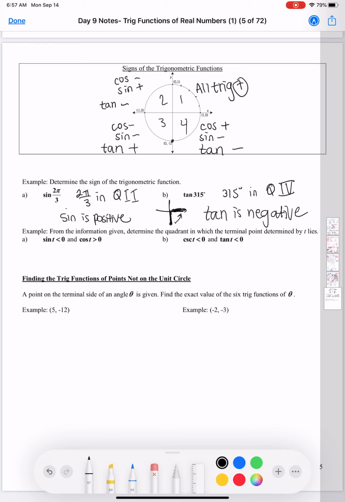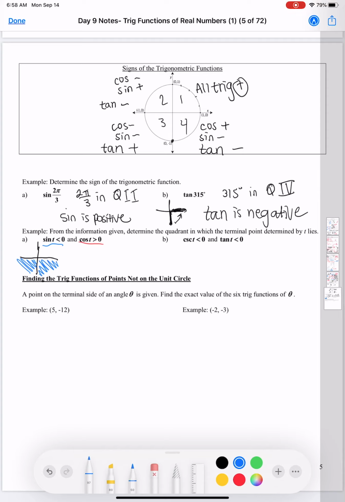All right, now next example. From the information given, let's determine the quadrant in which the terminal point lies. I'm going to draw little pictures, with all my quadrants drawn. Sine, I'll do that in blue. Cosine, I'll do that in red. So sine is negative. If sine is negative, then it either has to lie in the 3rd or the 4th quadrant, because in the top 2, sine is positive.